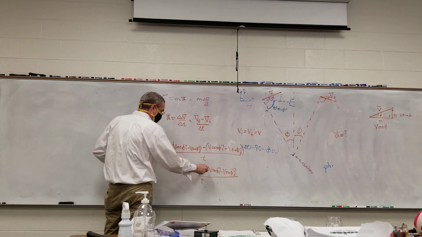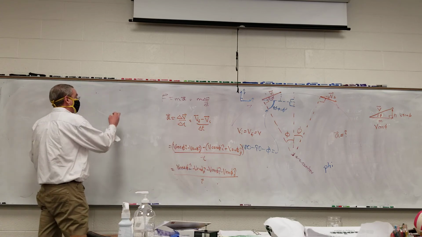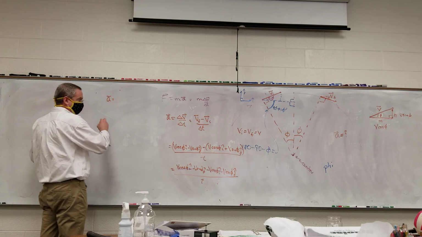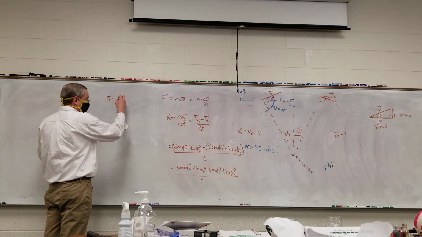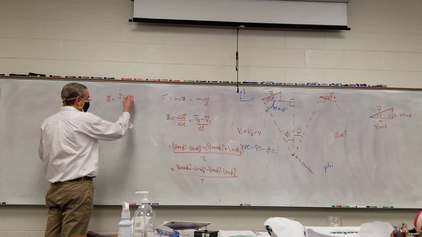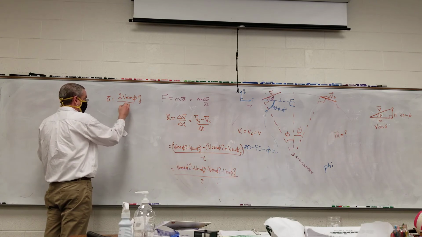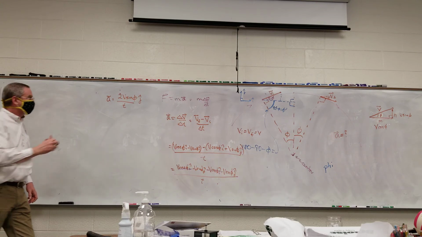So that and that cancel, and what do I end up with then? 2 times V sine phi j hat divided by time. All right, one small issue: negative, negative.